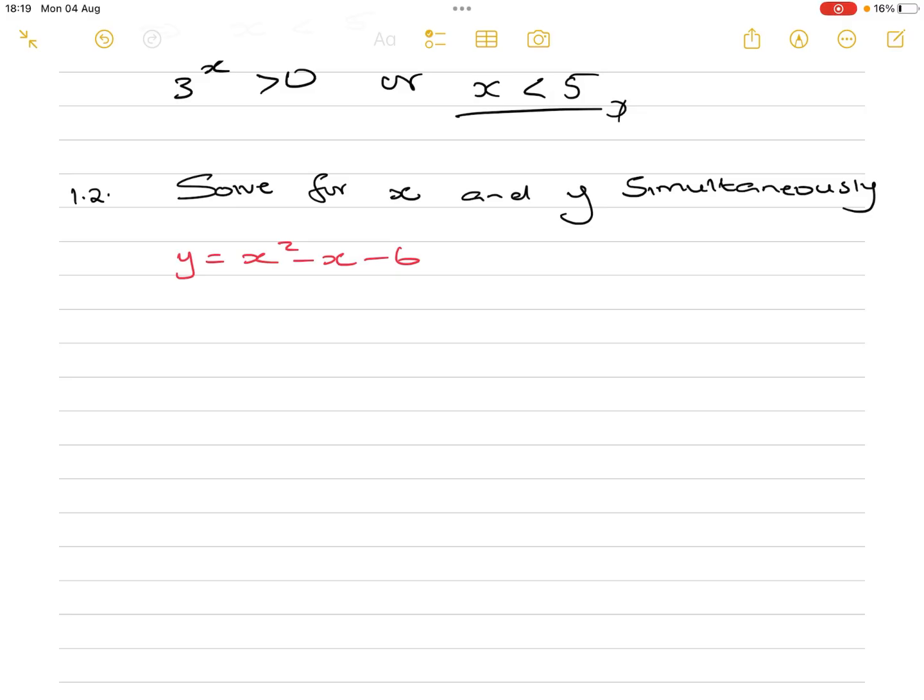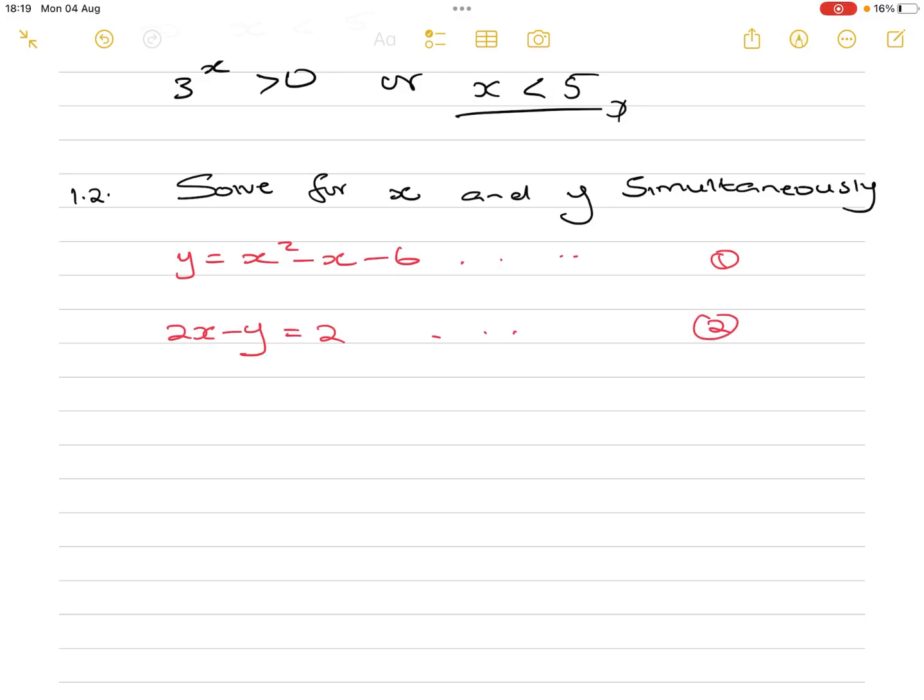So how do we solve for x and y simultaneously? In this case, we are given two equations. Equation number 1, which is this one, and equation number 2, which is 2x minus y is equal to 2.